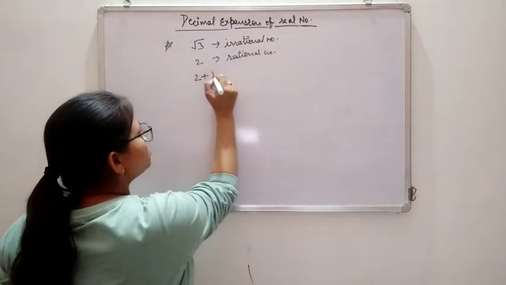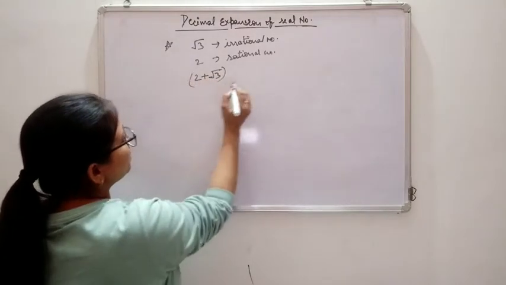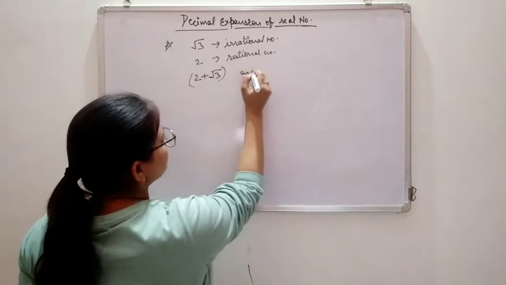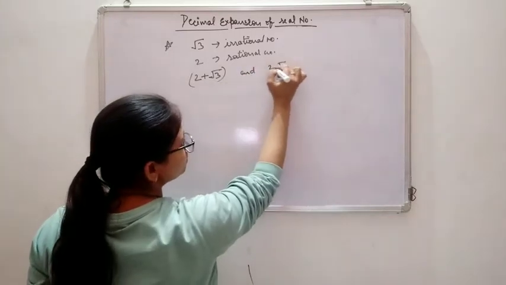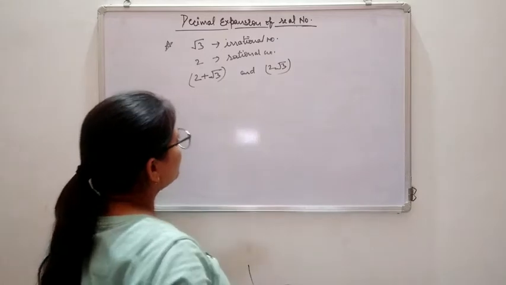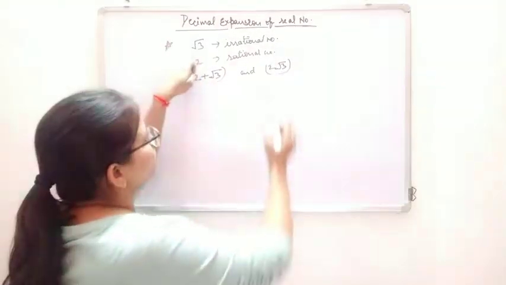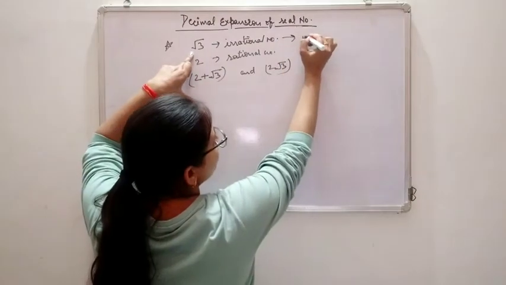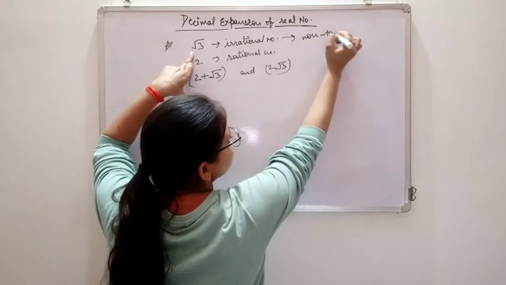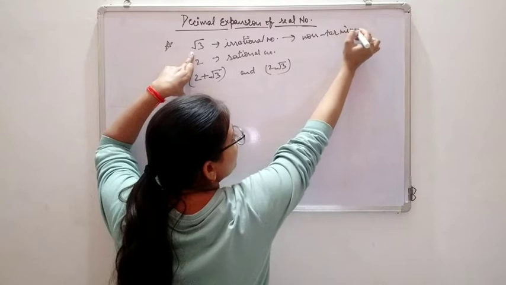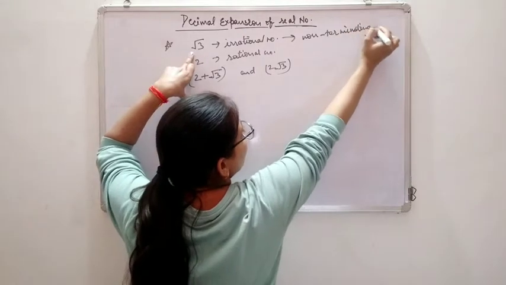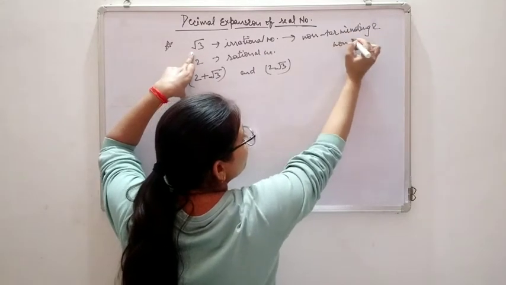So add like 2 plus root 3 and multiplication will be like 2 root 3, right? Now you all know that root 3 is an irrational number. So this number will be non-terminating and non-recurring, right?